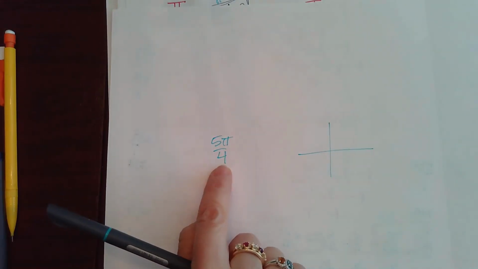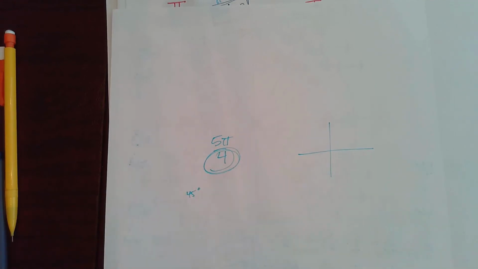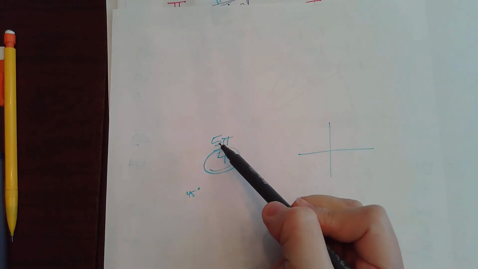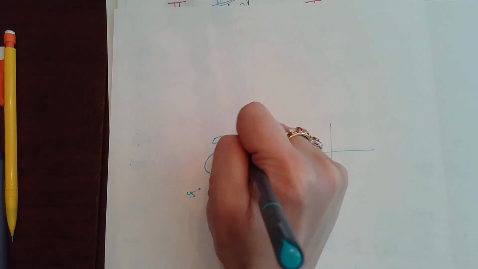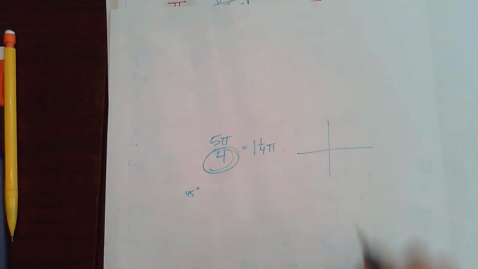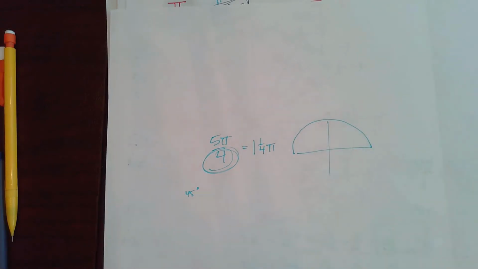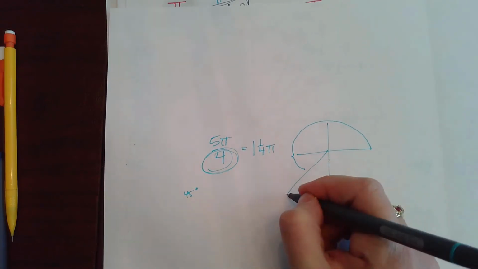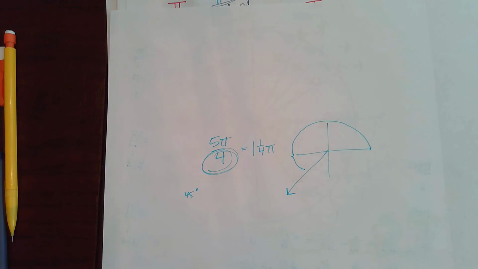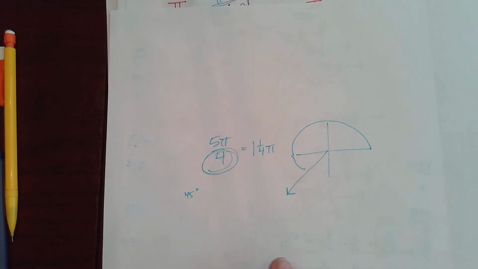First of all, do you recognize, because of this denominator, we're talking about a 45-degree angle? That's going to come in handy later. The other thing I want you to realize is 5 pi over 4, think about 5/4. 5/4 is 1 and 1/4 pi. So if you know that here's 1 pi, 1/4 pi would land me here. So 5 pi over 4 would be in quadrant 3.